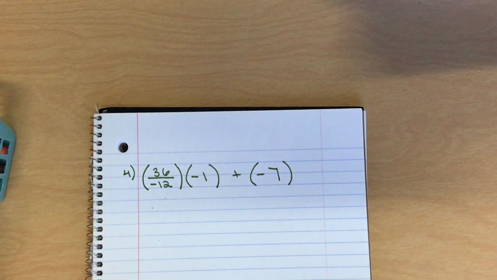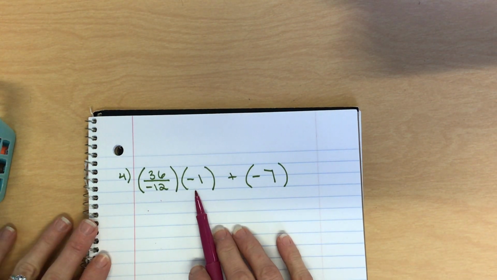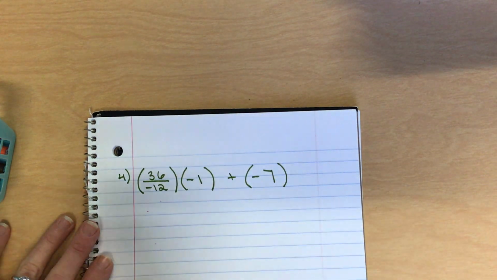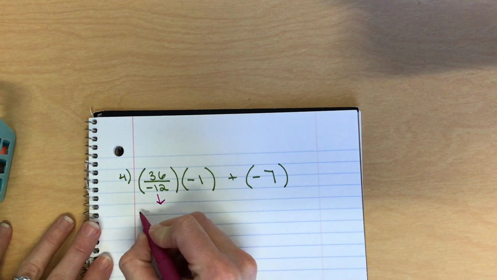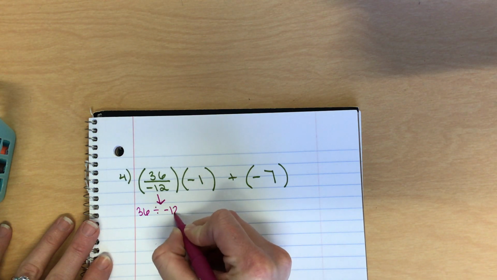Okay, our last example. I have 36 divided by negative 12 times negative 1 plus negative 7. We're going to first solve for 36 divided by negative 12.